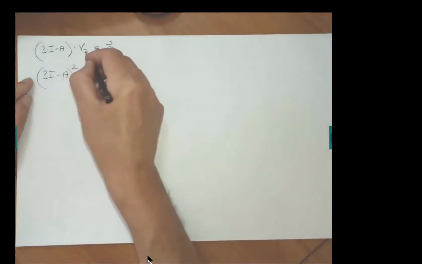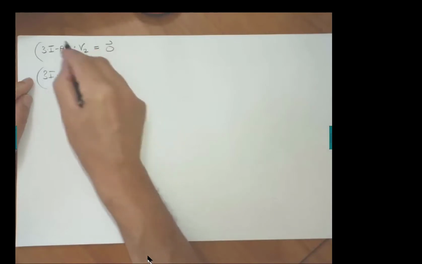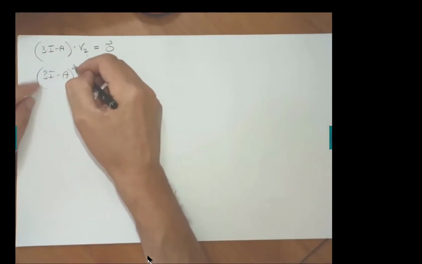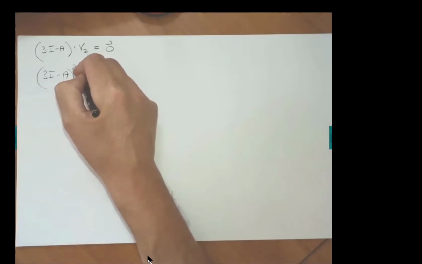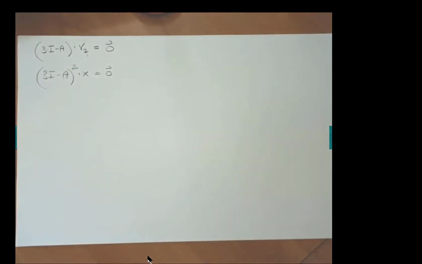For sure, this is a vector we find again, because if you apply the matrix once, it's already 0, so you don't have to apply it twice. So this is essentially an iteration of the matrix. So instead of doing it once, you do it twice.